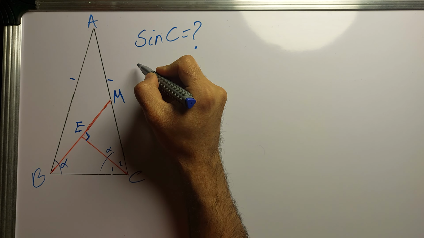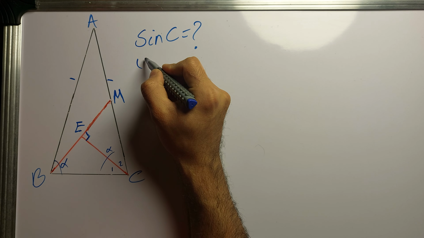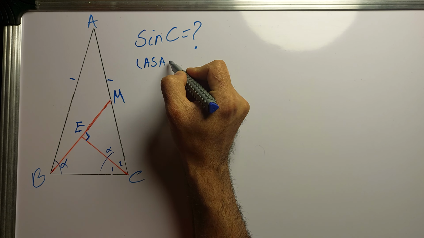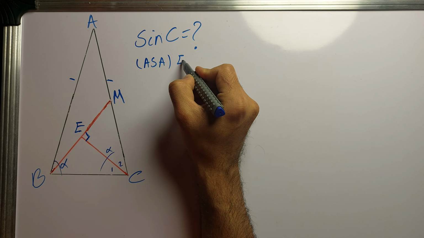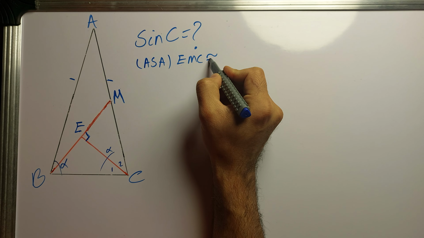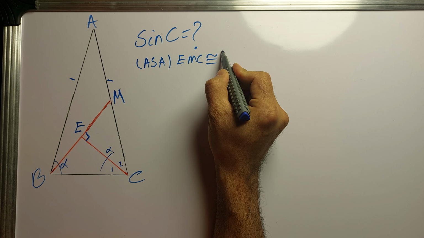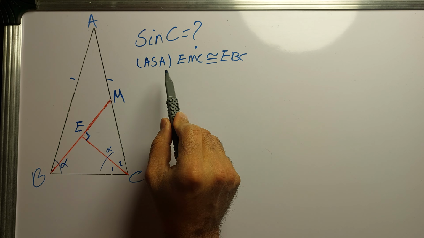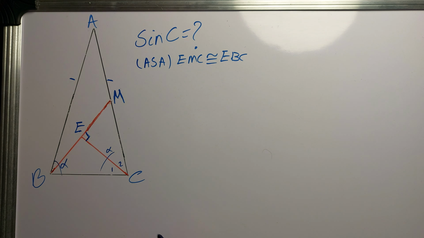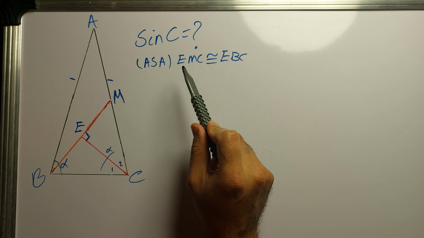So based on the angle side angle rule of triangle congruence, triangle EMC is congruent to triangle EBC. So far we have found this relationship between these two triangles.